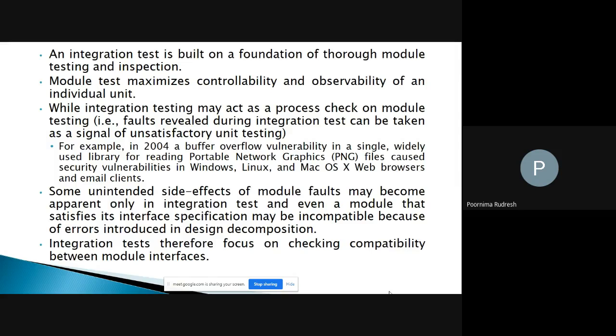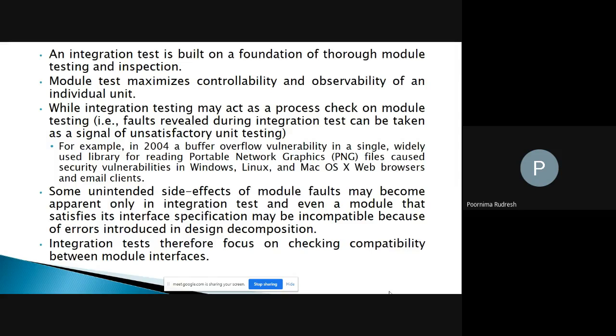Here, the integration testing acts as a process check on module testing. Okay, please listen carefully. Integration test is acting as a process check on the module testing. That is, for example, faults revealed or detected during the integration test can be taken as a signal of unsatisfactory unit testing.